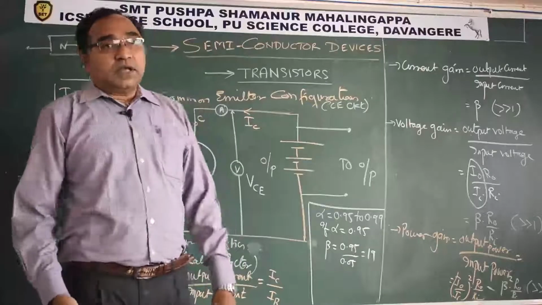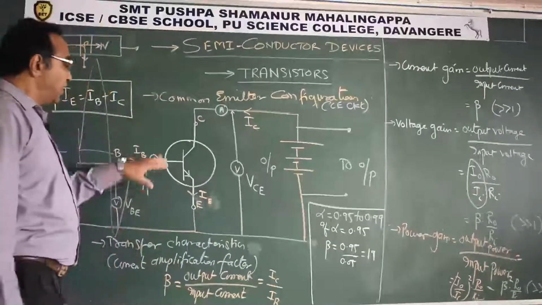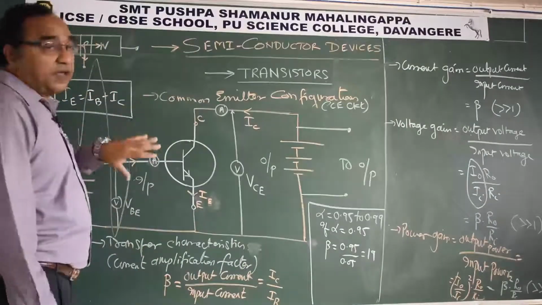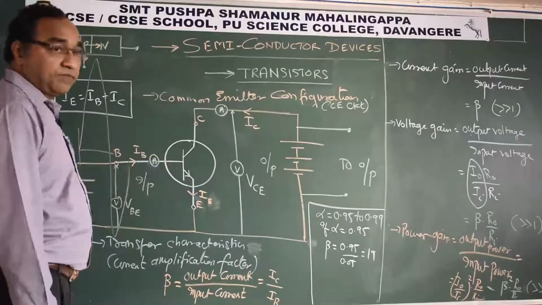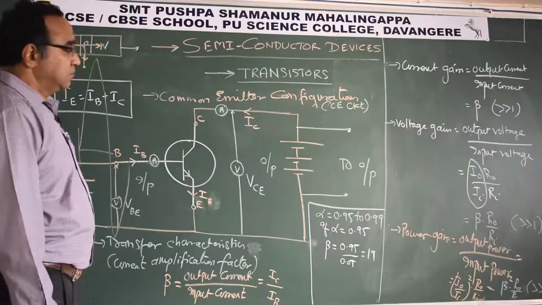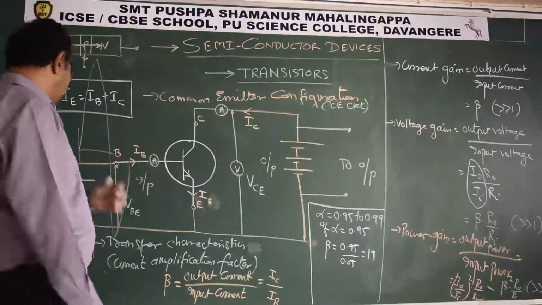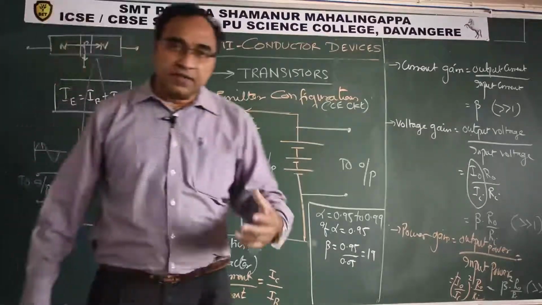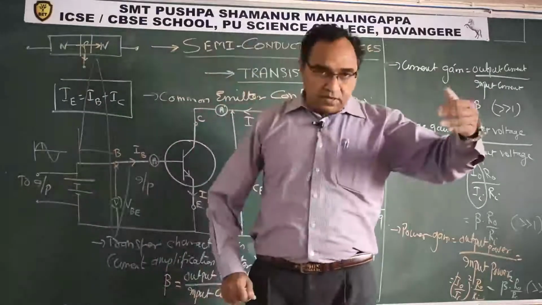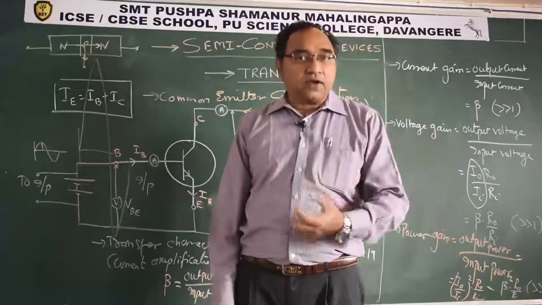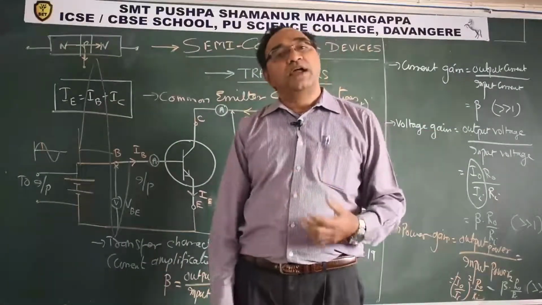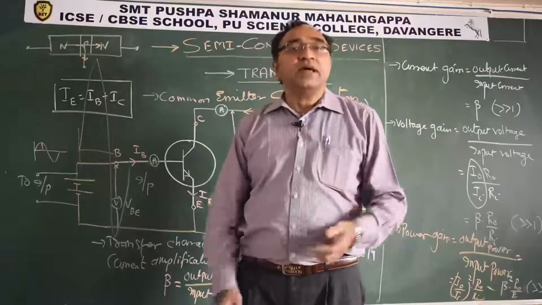So in a common emitter circuit configuration, there is power gain. Output power is extremely greater than the input power. Now how exactly are we getting this? Because we are connecting an input source. If you ask, sir, how exactly did 1 ampere become 19 ampere?